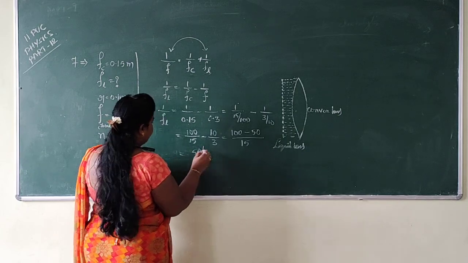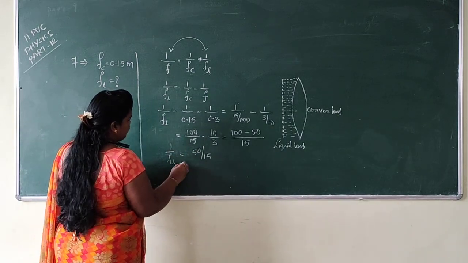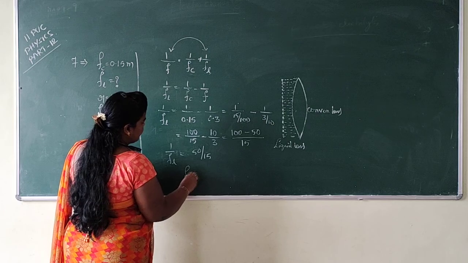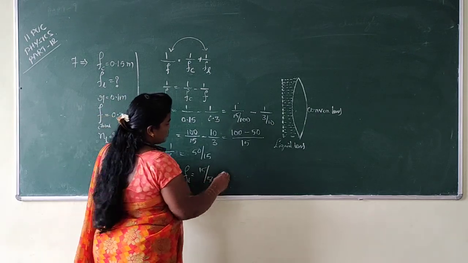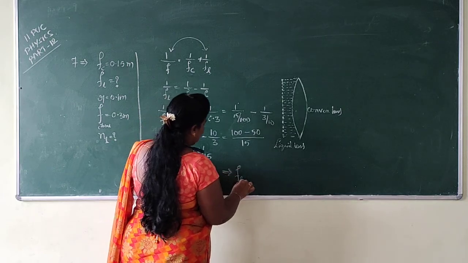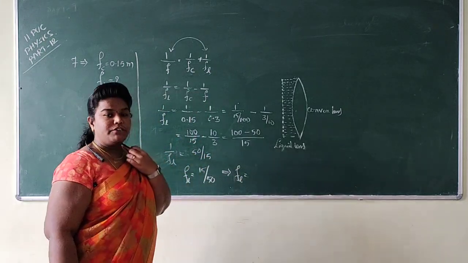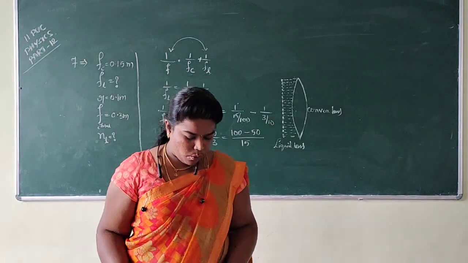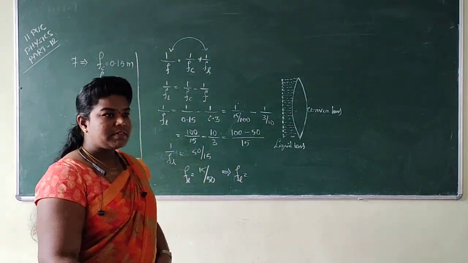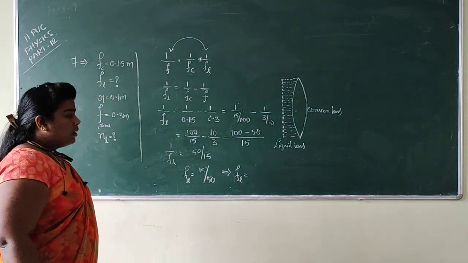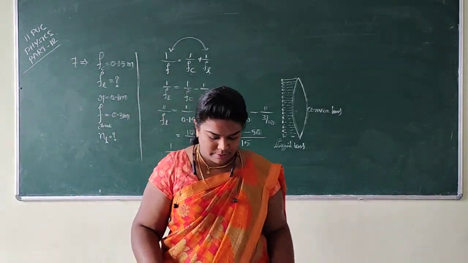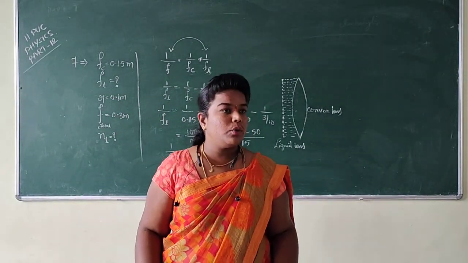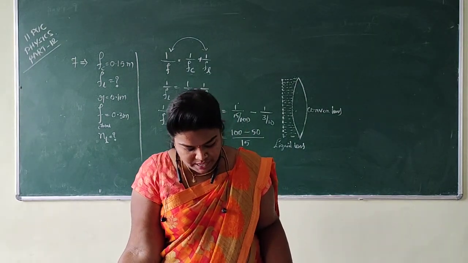So 50 by 15 is 1 by FL. Taking the reciprocal, FL is equal to 15 divided by 50. You will get the value of the focal length of the liquid lens, which is equal to -1.